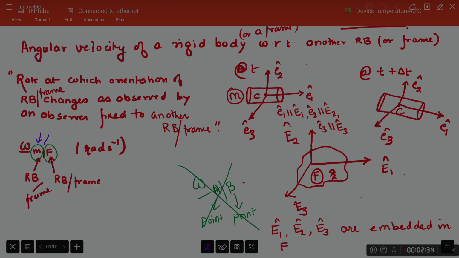This is the first character, this is the second character, and this is the third character. The second character is just a bar and it will remain there. It will be the same whenever we write angular velocity for any body with respect to another body. Whereas these two characters denote that I am talking about angular velocity of m with respect to f.